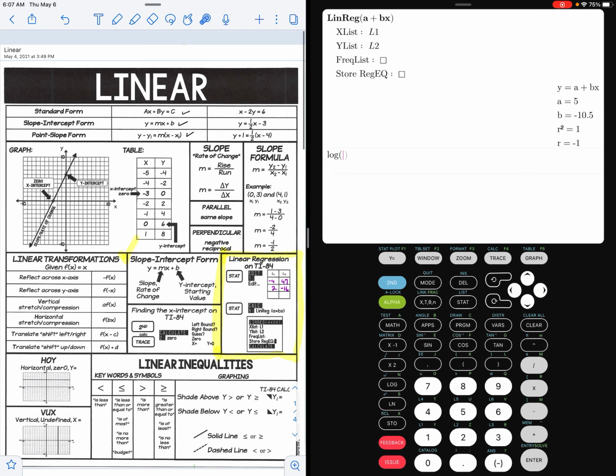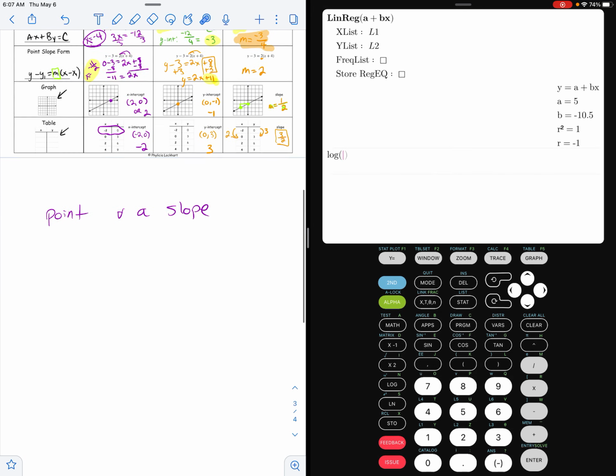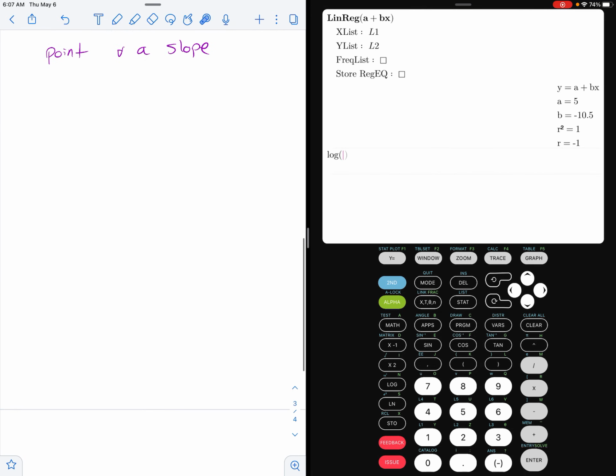So let's say, for instance, I give you the point 0, 1 and the slope -2. Point slope form says y minus y1 equals m times x minus x1. So that'll be y minus 1 equals -2 times x minus 0.